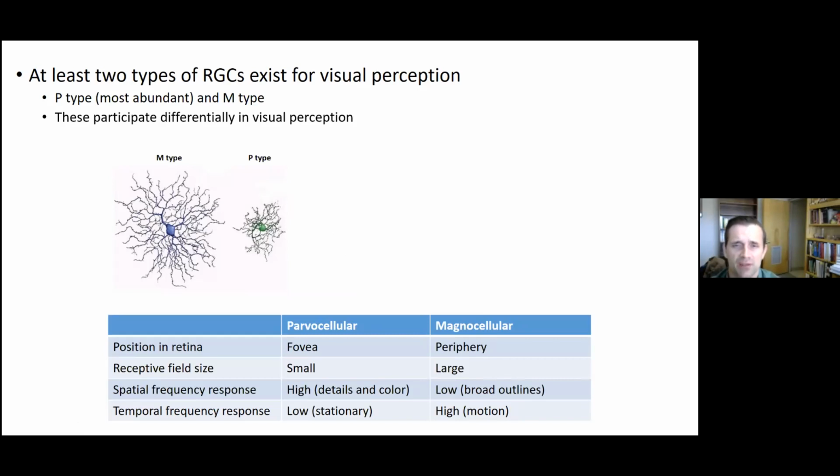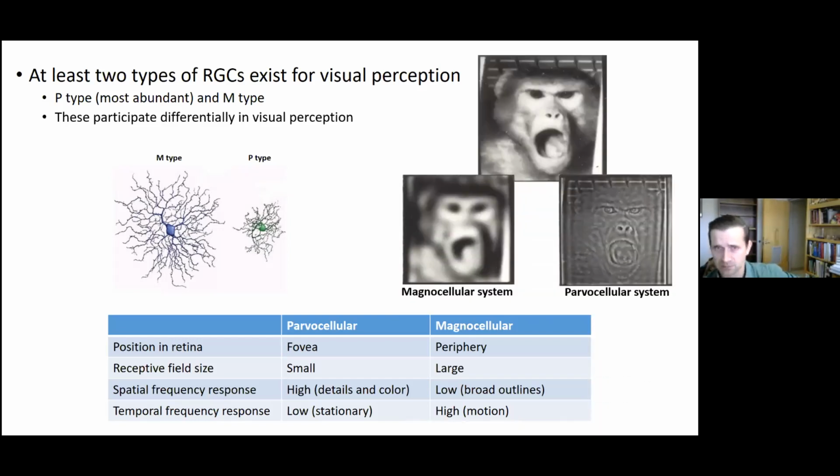Are we just looking for broad outlines? And then the temporal frequency response. So is the object standing still or is it moving? So both of these cell types and hence their pathways have these differential functions, and this table helps summarize that.